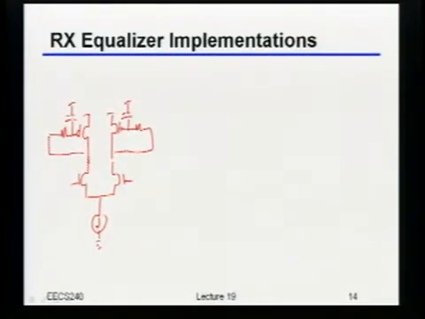So, just to make sure it's absolutely clear, why did I show these caps up here as having the other terminal up at VDD? Why didn't I tie those to ground, for example? Rejection? You said something about MOS caps. Power supply rejection? Yeah, there we go. Power supply rejection.